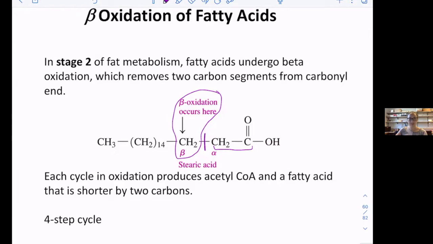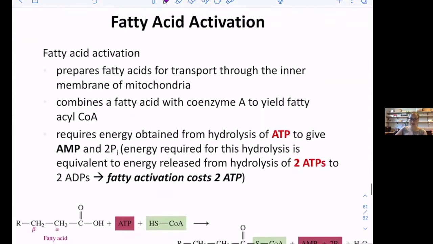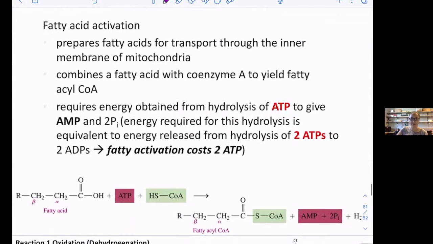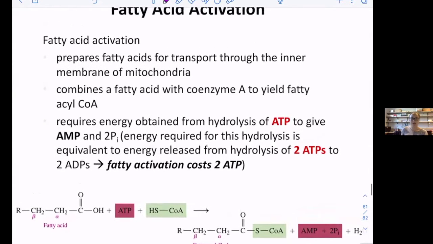So beta oxidation of fatty acids is a 4-step cycle. First is fatty acid activation. Fatty acid activation prepares the fatty acid for transport through the inner membrane of the mitochondria. It combines a fatty acid with coenzyme A to yield fatty acyl CoA.